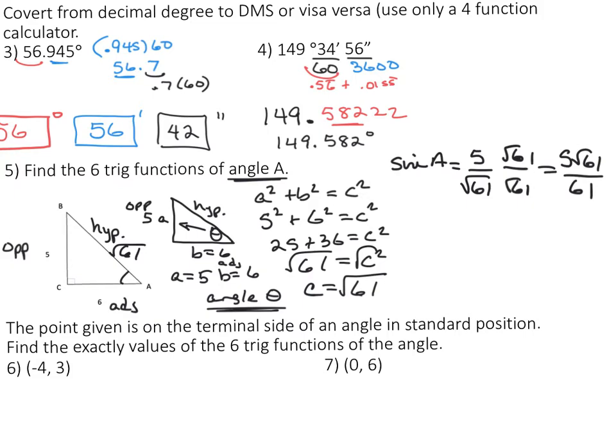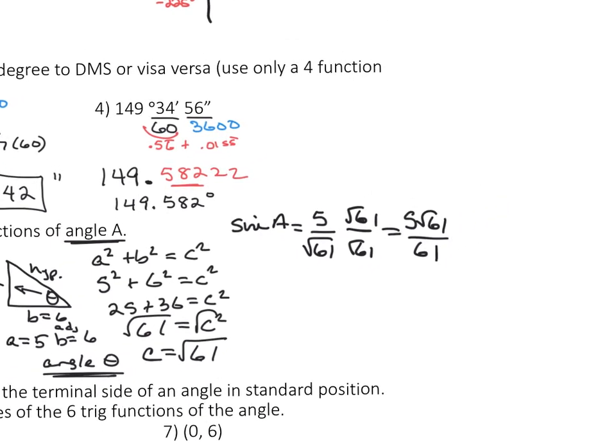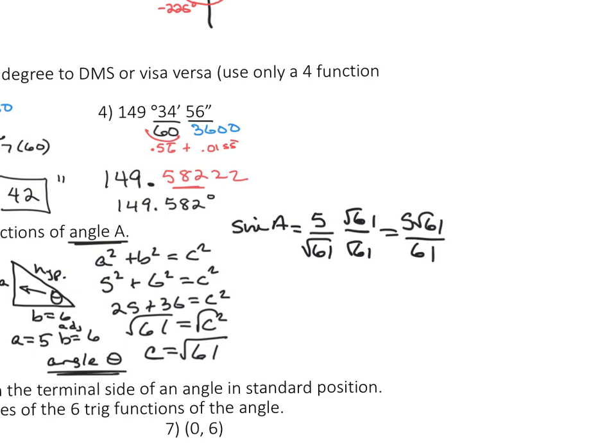Now let me show you how you're going to type it into Canvas, because it's a square root. For this answer here, we're going to be typing 5, the letters S, Q, R, T, parentheses 61, slash 61. It tells you in the question how to format it.